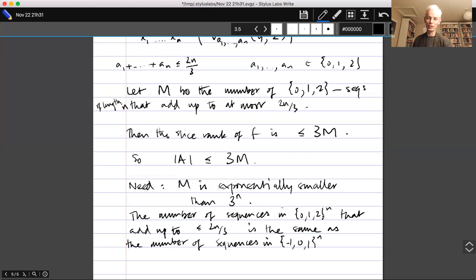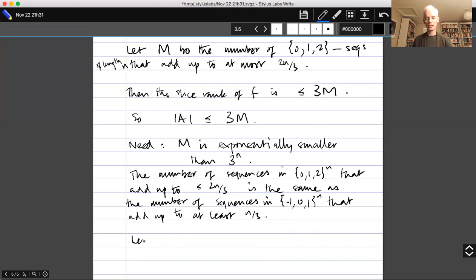I'm just going to take 1 minus the sequence here. So 1 minus 0 is 1, 1 minus 1 is 0, 1 minus 2 is -1, that add up to at least n over 3.